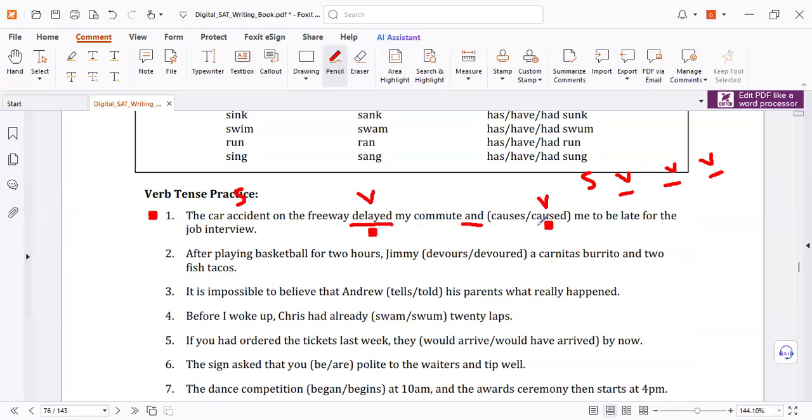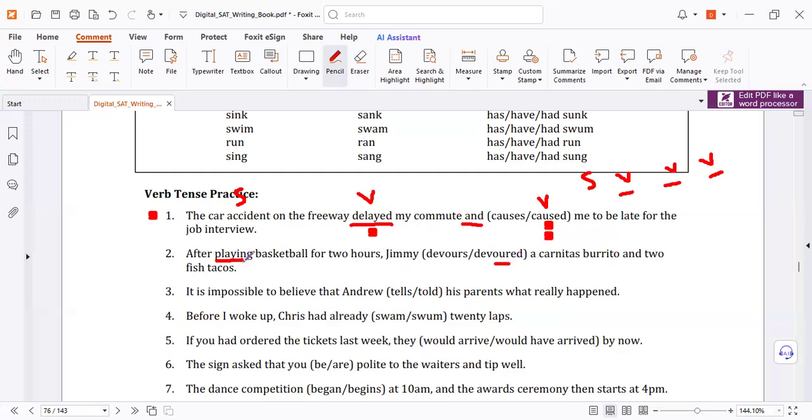Here past, here it must be past. Now we are confident about it. Again, after playing. So the action here happened after that. So after playing for 2 hours, what happened? After playing, devours. So devours, singular or past? How did you know it's past?